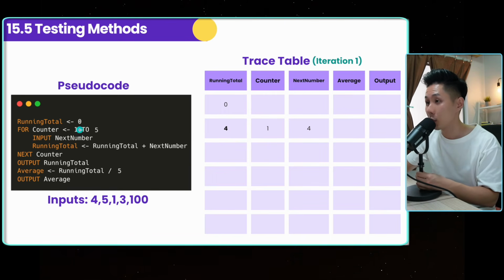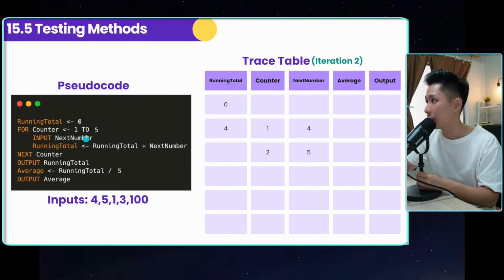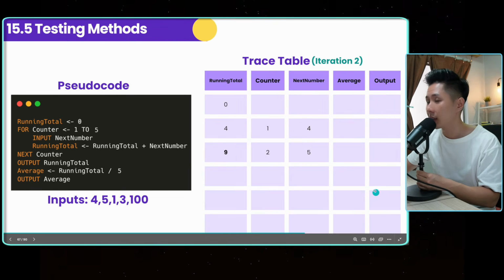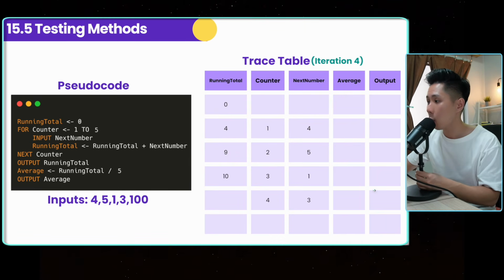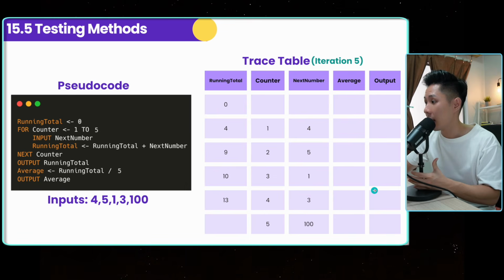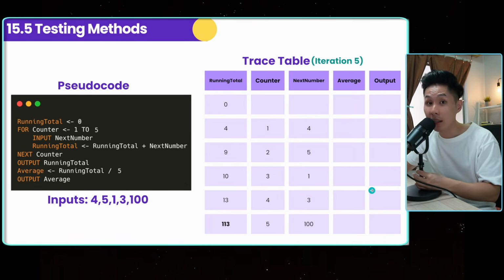Because it's a loop, it will continue to run. Next number is 5, and the counter has been incremented to 2, and then the running total will be 9 because 4 plus 5 equals 9. So we keep running the code and tracking what the variable values are until we reach the end of the for loop.